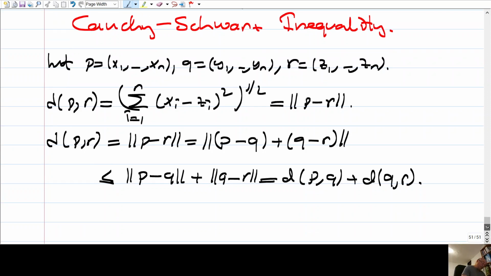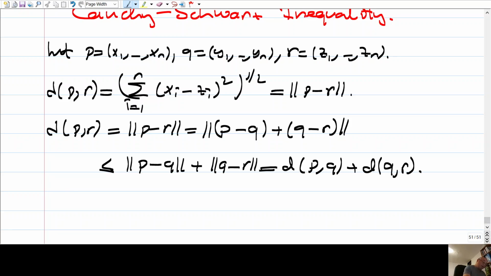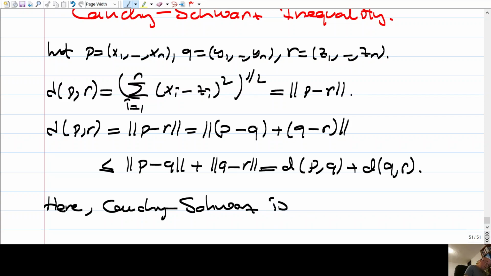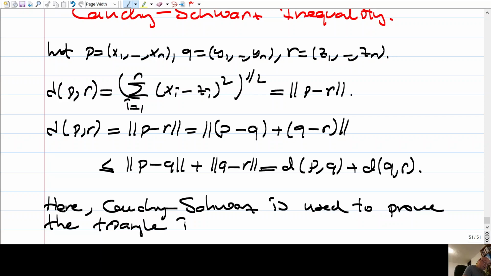Cauchy-Schwarz gives us the triangle inequality, this one, right? How? So here, Cauchy-Schwarz is used to prove the triangle inequality as follows.